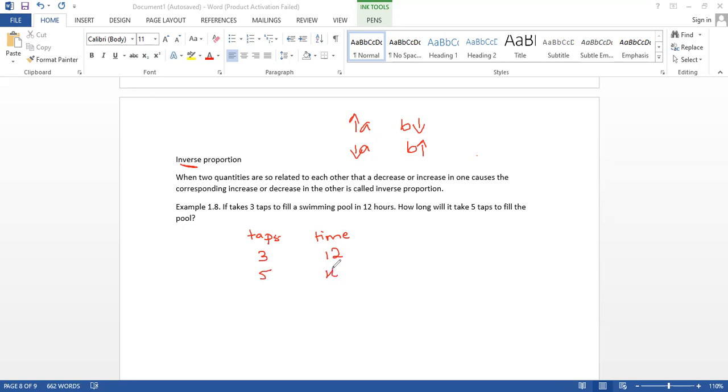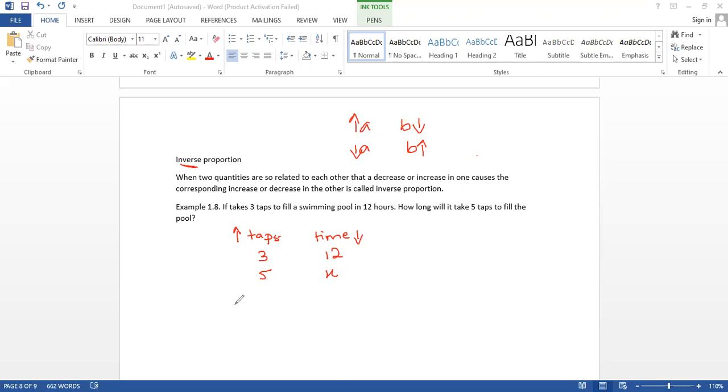Again, we do not know how much time it's going to take. If the number of taps increases, that means that the pool is going to fill more quickly. That means that the time is going to reduce. So more taps mean that the pool will be filled in less time. So the proportion over here is inverse.